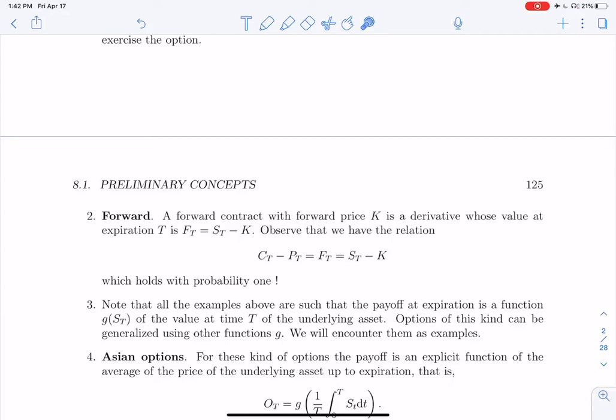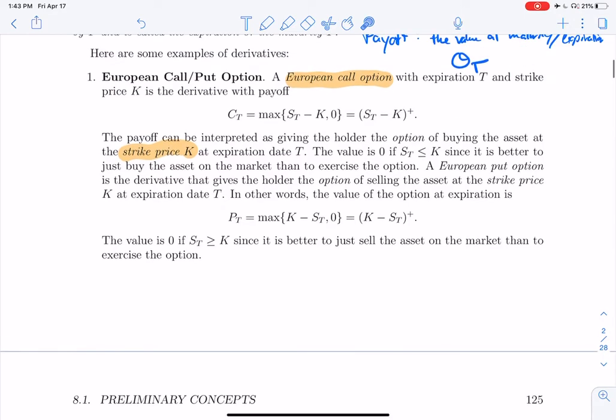So you might lose money on this. For options, it seems that you never lose money, but of course, this option has a price. As we will see, we're going to price this option. So this value has a price, and therefore, there's no free money.